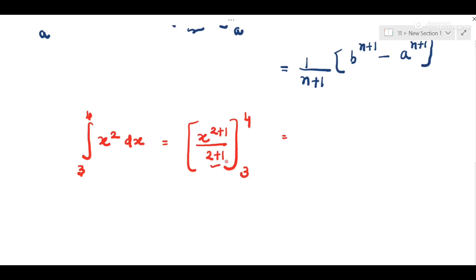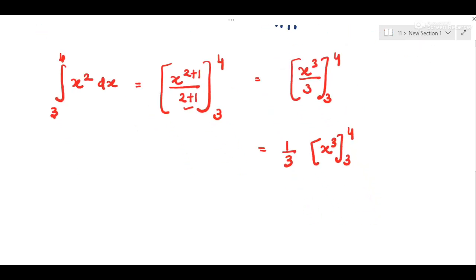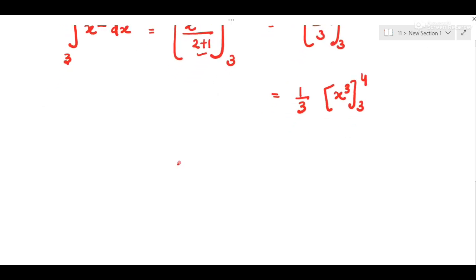So it will be x cube divided by 3, limits from 3 to 4. 1 by 3 will be outside, the variable will remain inside. Now you can put the limits. In place of x you will put the upper limit and then the lower limit. Now you can subtract and report the answer.